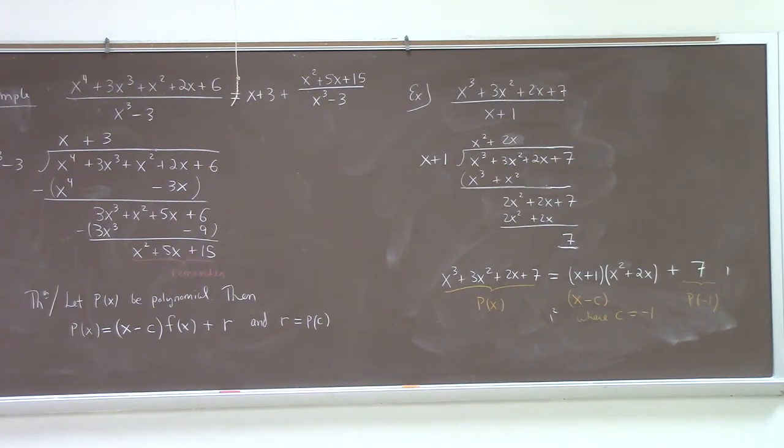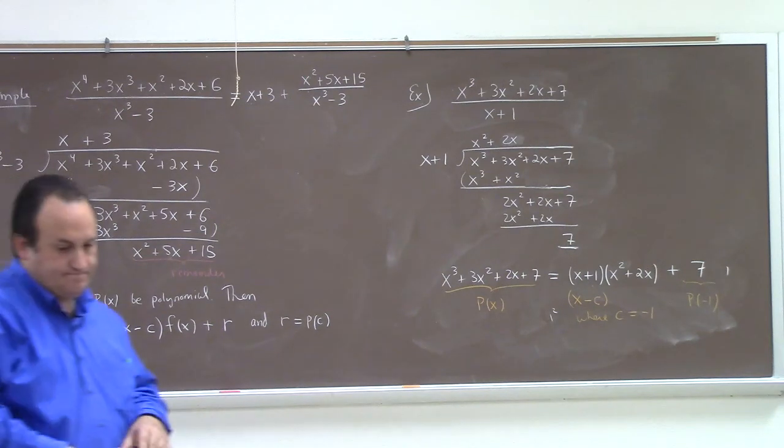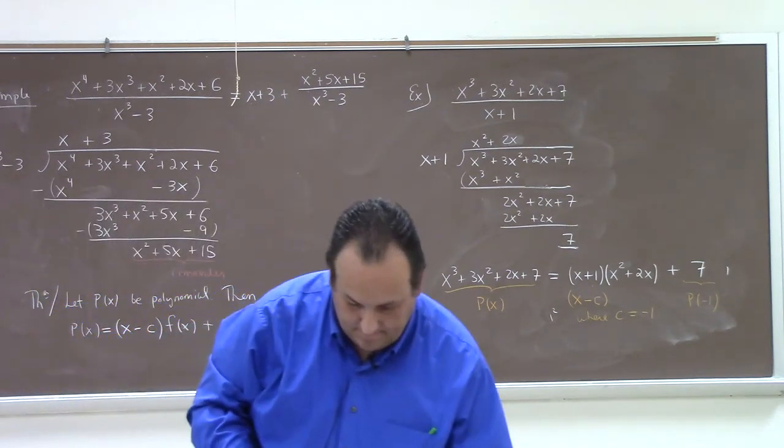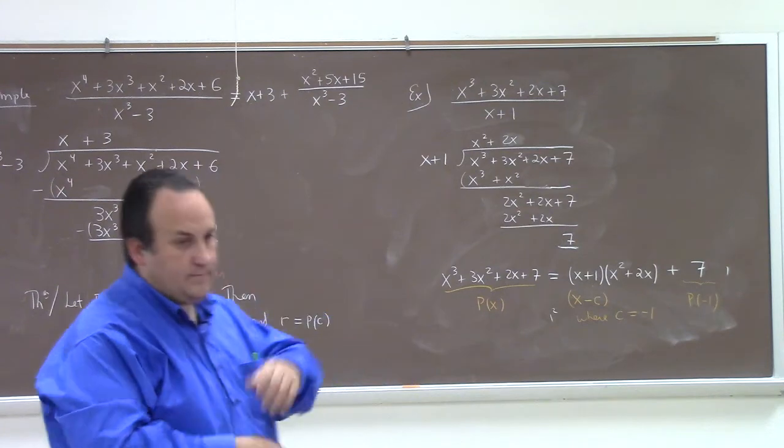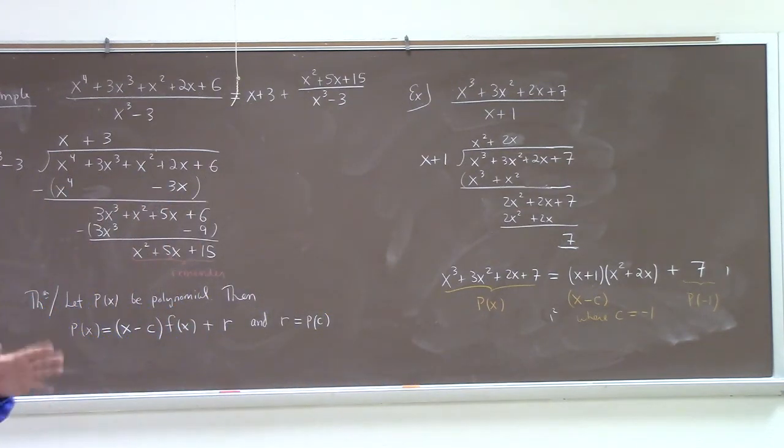Here's the factor theorem. P of x is equal to x minus c times f of x if and only if p of c is equal to 0. So this is the correspondence.